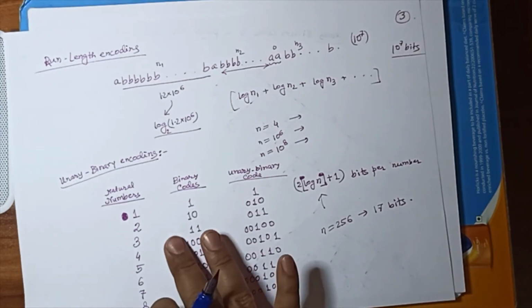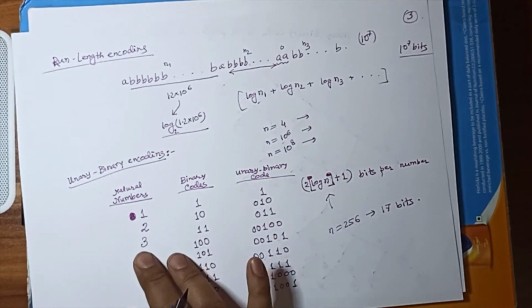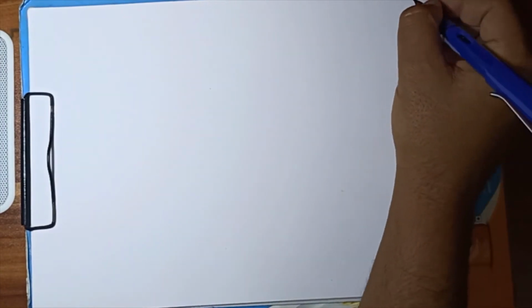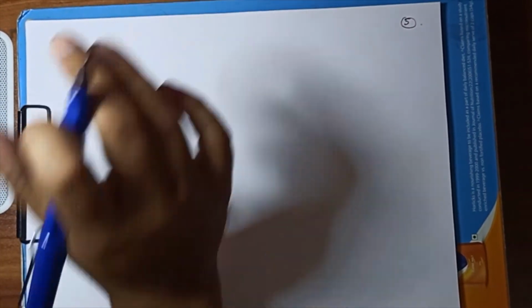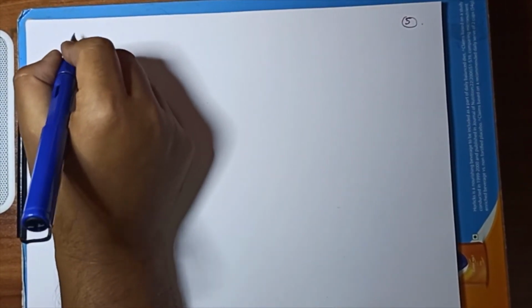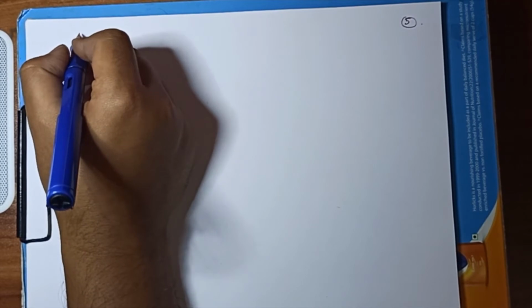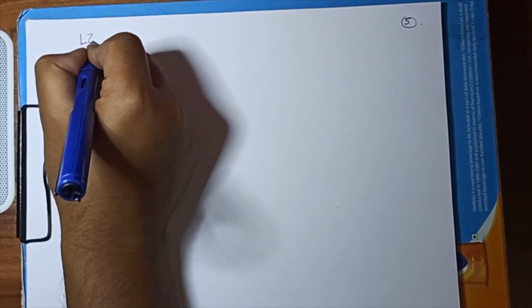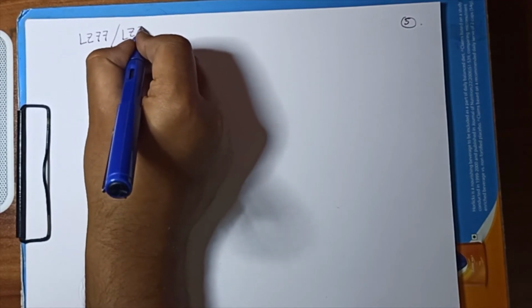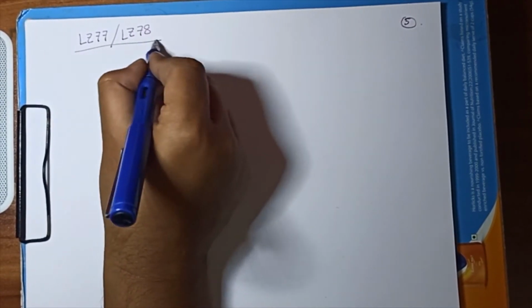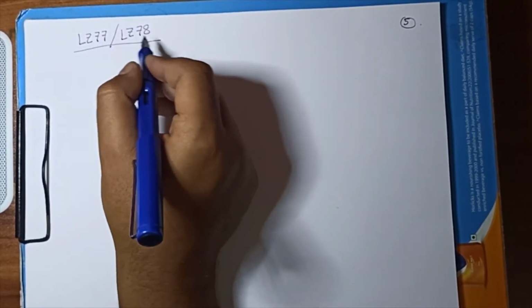Okay. So now with this idea, we are generalizing towards the Ziv-Lempel code, which takes the idea of run length encoding. There are two main algorithms: the first is called Lempel-Ziv 77 and another is called Lempel-Ziv 78, developed in 1977 and 1978.